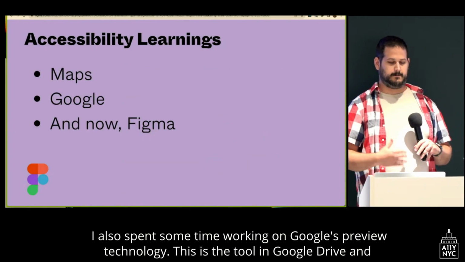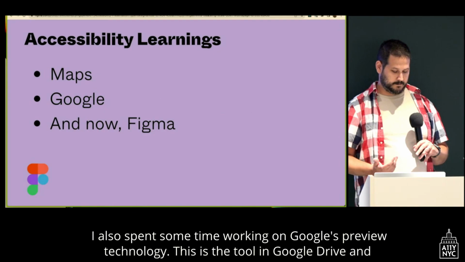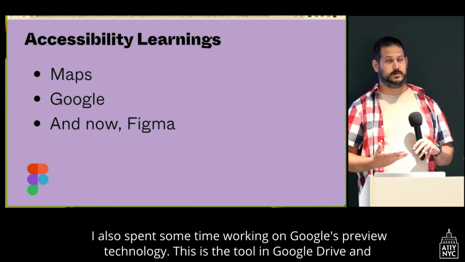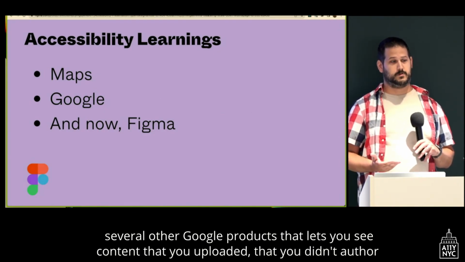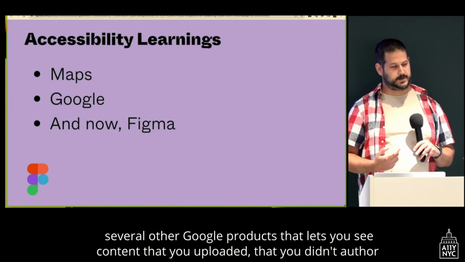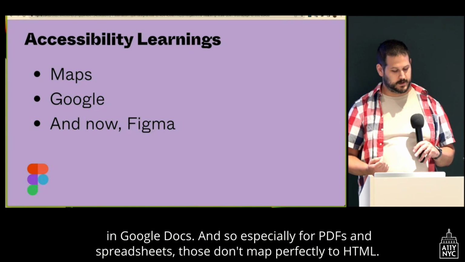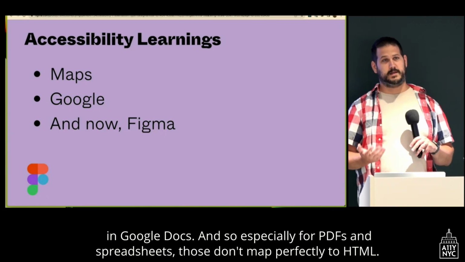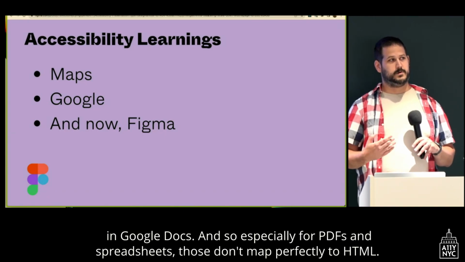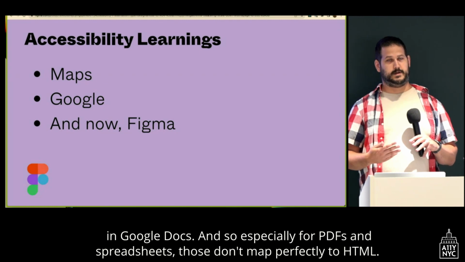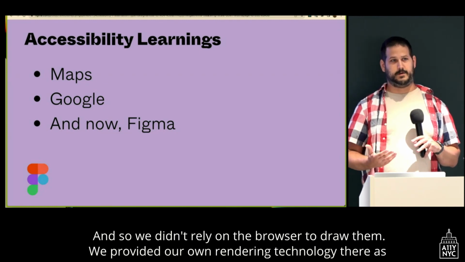I also spent some time working on Google's preview technology. This is the tool in Google Drive and several other Google products that lets you see content that you've uploaded that you didn't author in Google Docs. Especially for PDFs and spreadsheets, those don't map perfectly to HTML, and so we didn't rely on the browser to draw them.